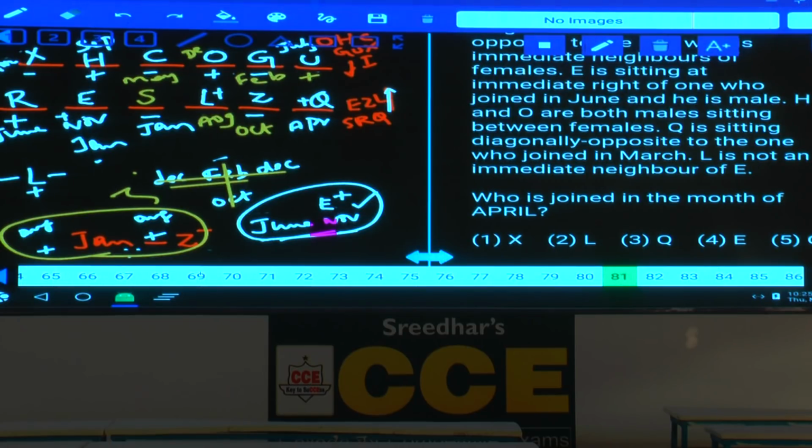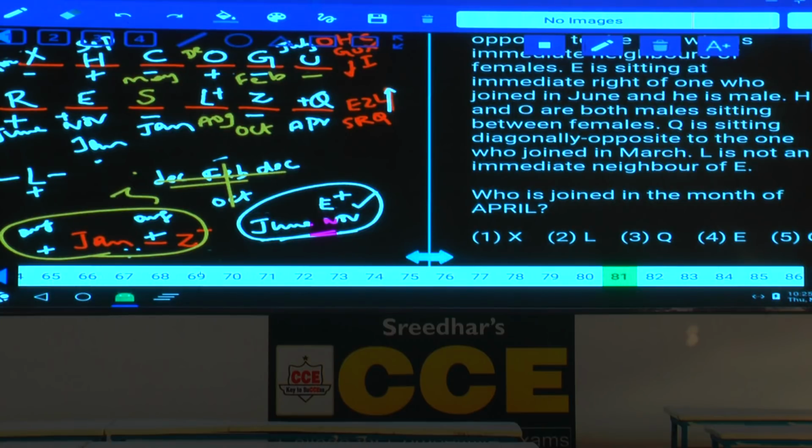As of now, R is a male, E is a male, L is a male, and after this, Q, and O is a male, and H is a male. Then H, O, and Q are males, and so whatever this U must be a female. Clear now? We should have 6 males and 6 females.